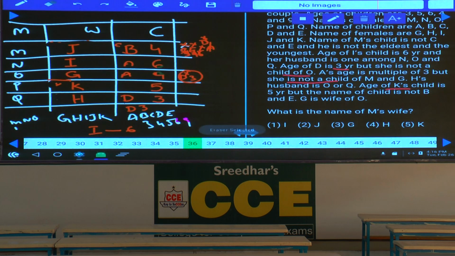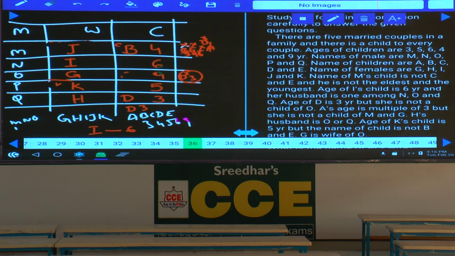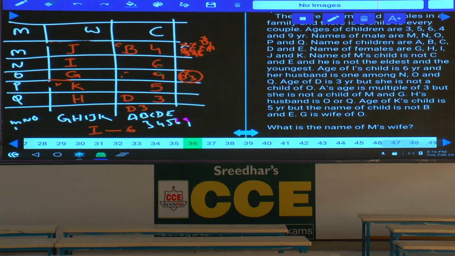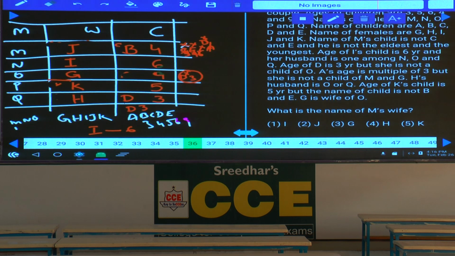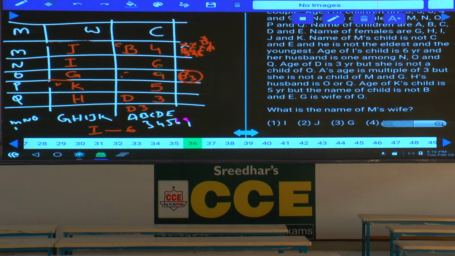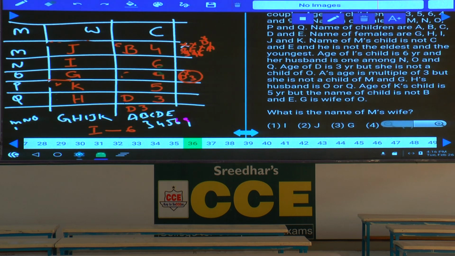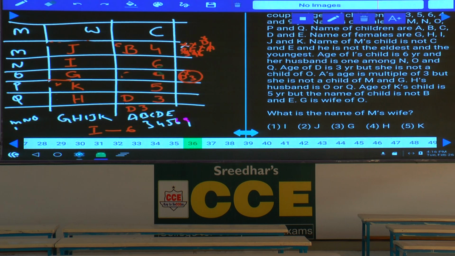Now, let us go through the information once again. There are 5 married couples. Name of M's child is not C, and E, and he is not the eldest and the youngest.